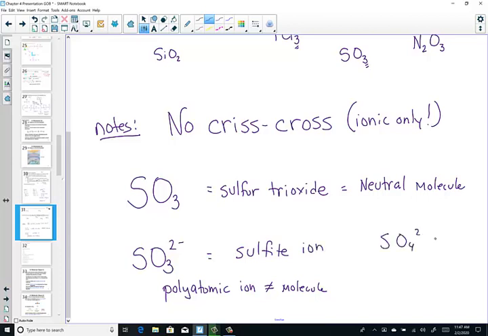SO4 2 negative, oh, that's the sulfate polyatomic ion. SO4, no charge, is a neutral molecule. So that's where we would hear sulfur tetraoxide.